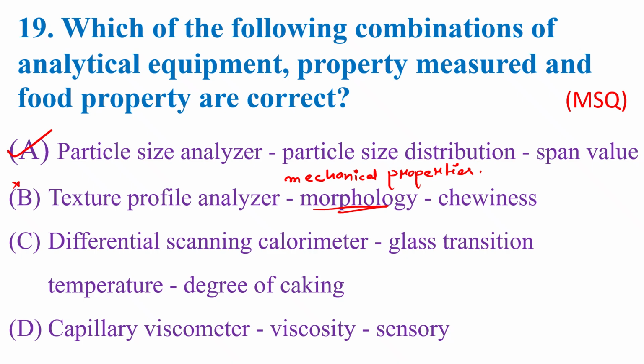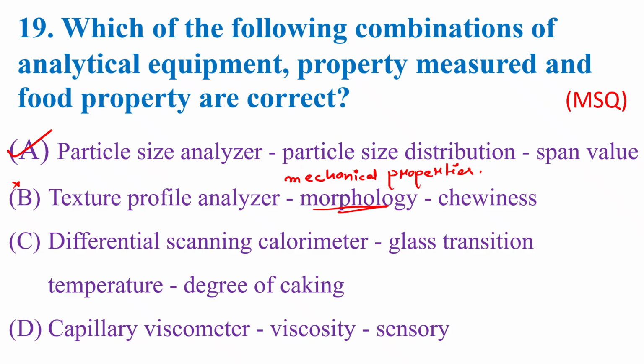Next, option C, differential scanning calorimeter, glass transition temperature, degree of caking. So the differential scanning calorimeter measures thermal transitions like the Tg values, which affect caking in amorphous powders, say for example milk powders.